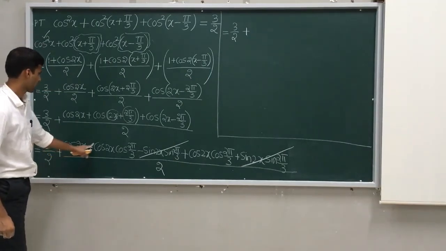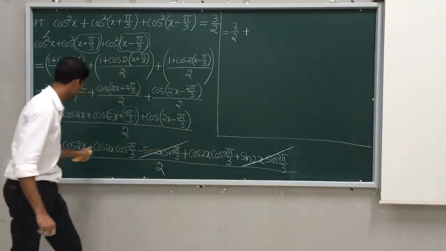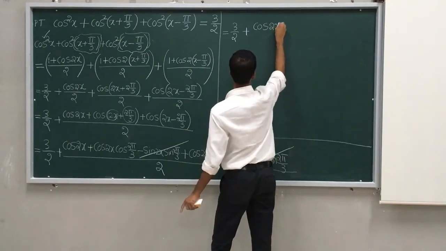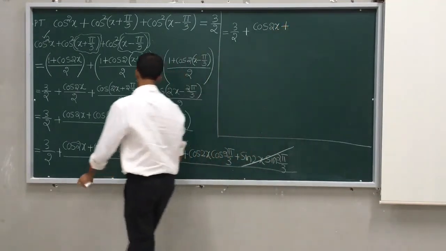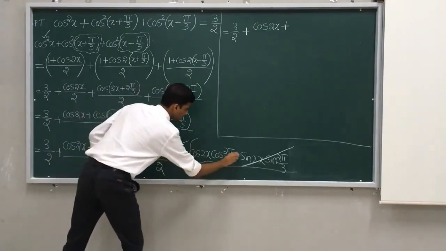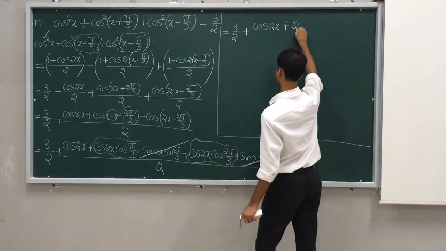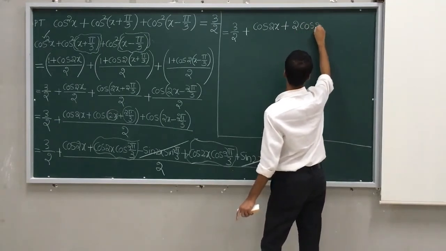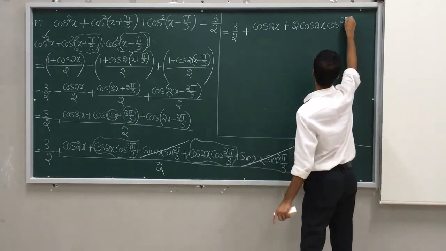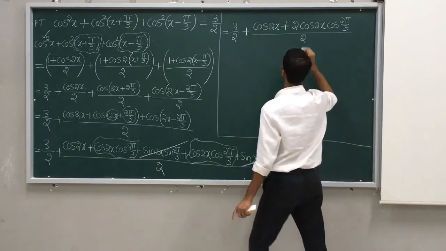Cos 2x cos 2 pi by 3, this is separate, plus cos 2x. This term is the same as this term, so it is repeated 2 times: 2 times cos 2x into cos 2 pi by 3, divided by 2. Hope you understand.